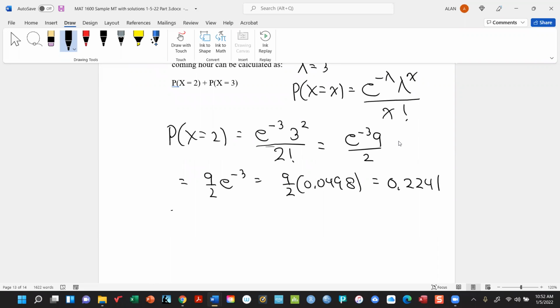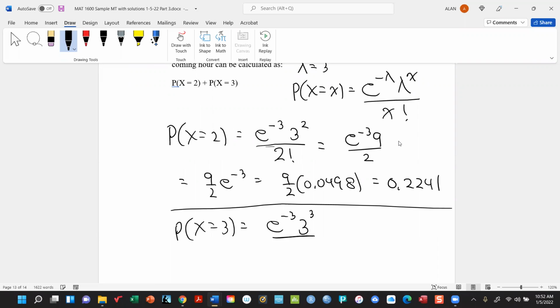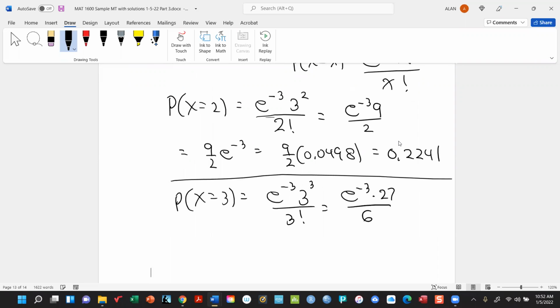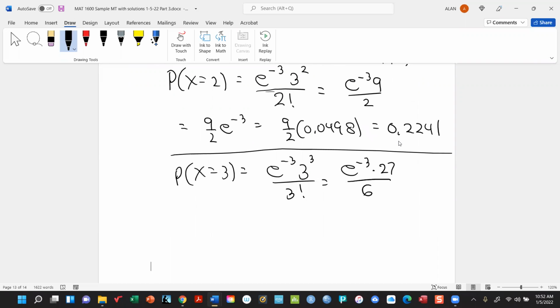Now, for x equals 3, e to the minus 3. Now, this time, lambda is raised to the third power, and then we have 3 factorial. Well, guess what? 27 over 6 is 9/2.